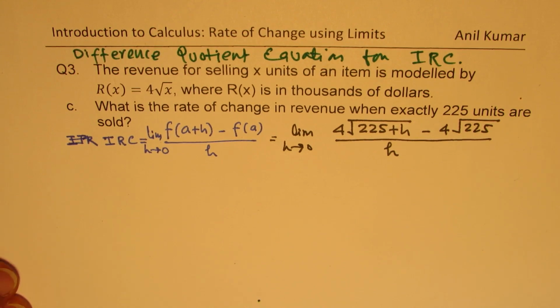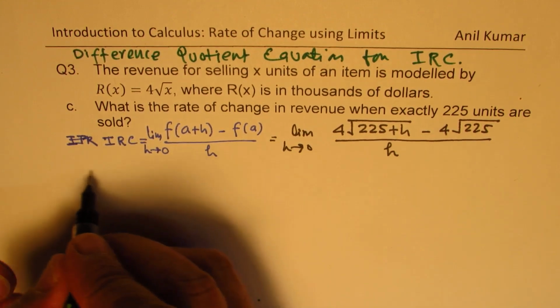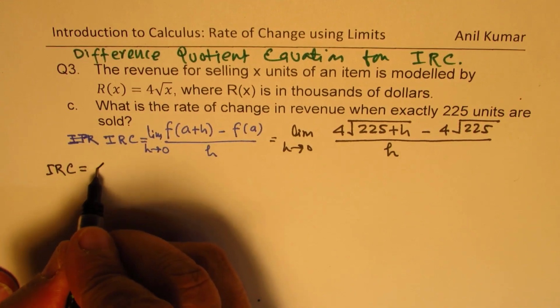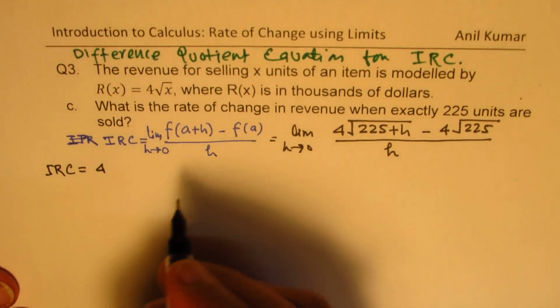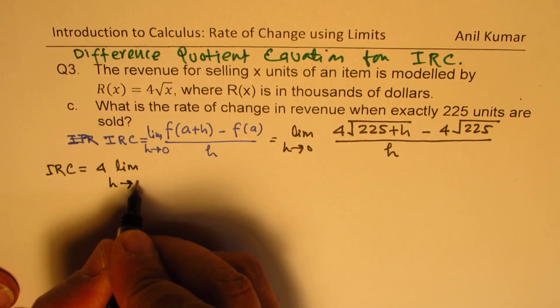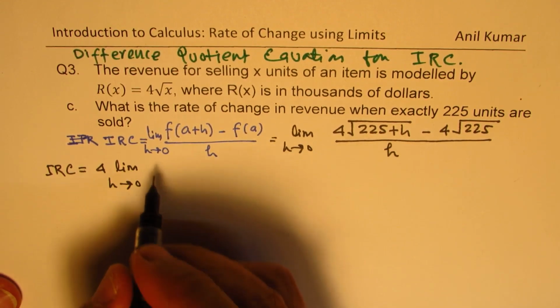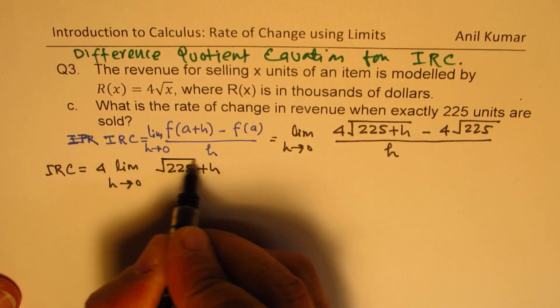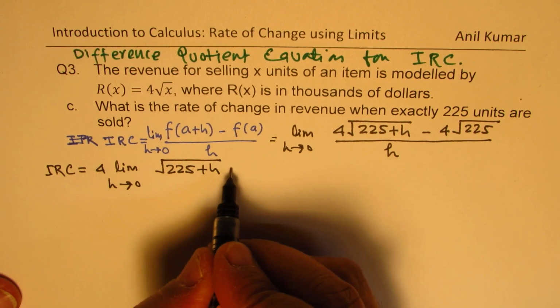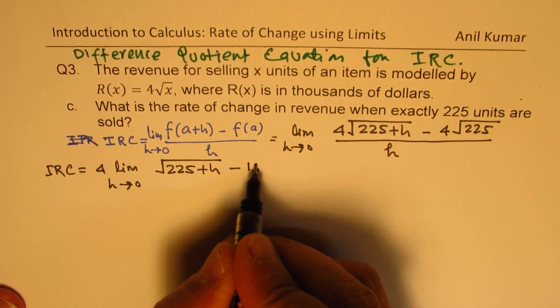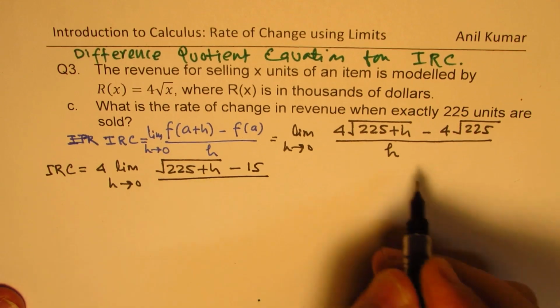So to simplify, 4 is common. Let's take 4 outside. So we can rewrite this. The instantaneous rate of change is 4, I'm taking the constant outside. So we're left with limit h approaches 0, and we have square root of 225 plus h minus square root of 225, which is 15, right, over h.